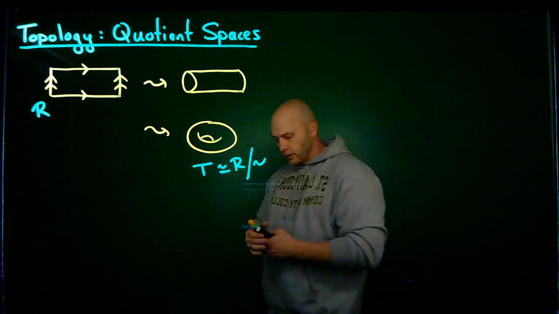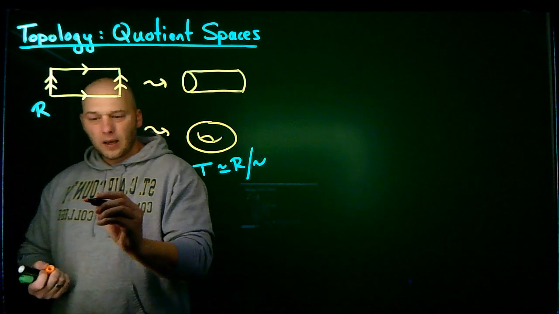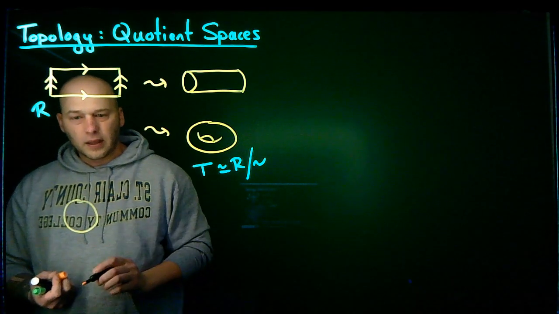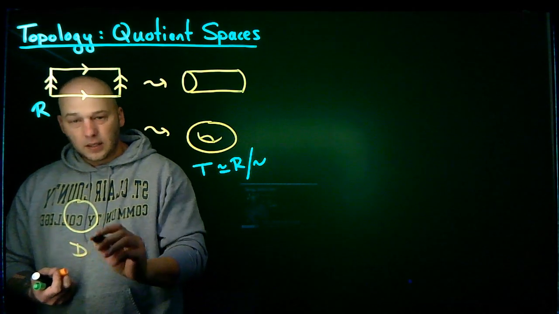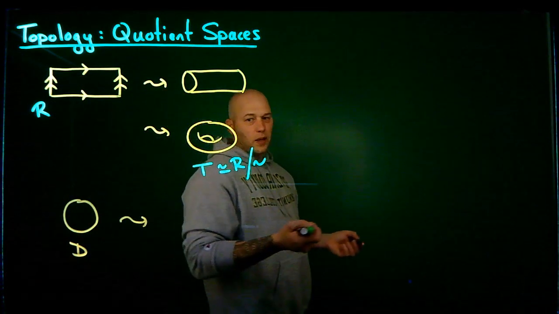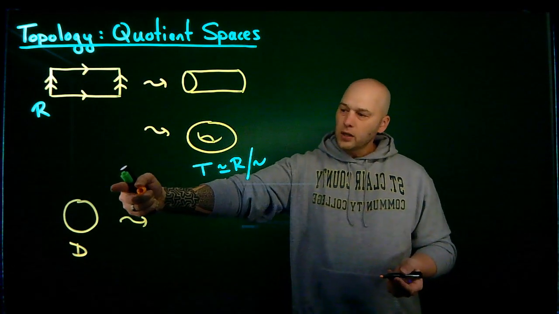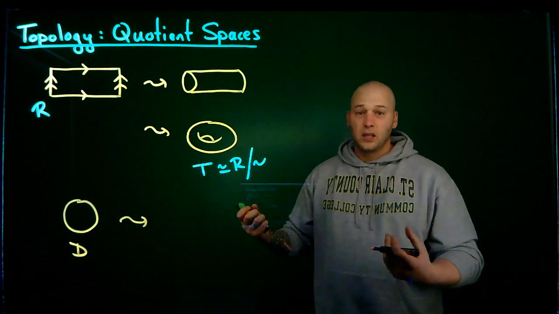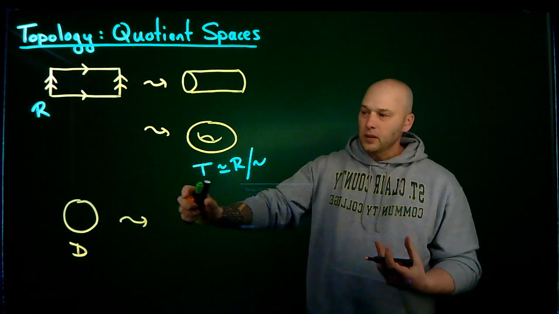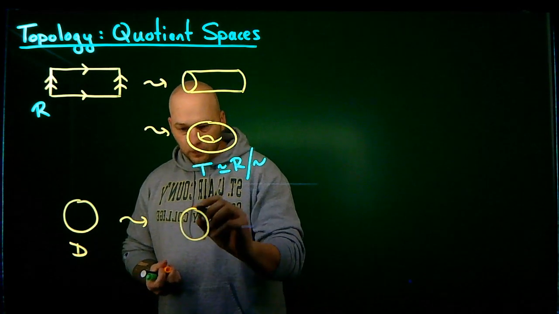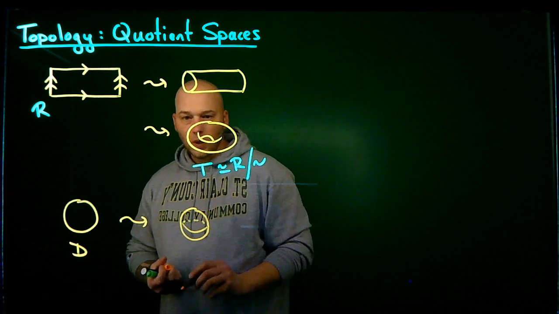Okay? A similar example: let's say I take a disk, and again this is the circle along with everything on the inside. Then I define an equivalence relation on this so that every single point on the boundary, every single point on that circle, is equivalent. So what happens is that this disk turns into a sphere.